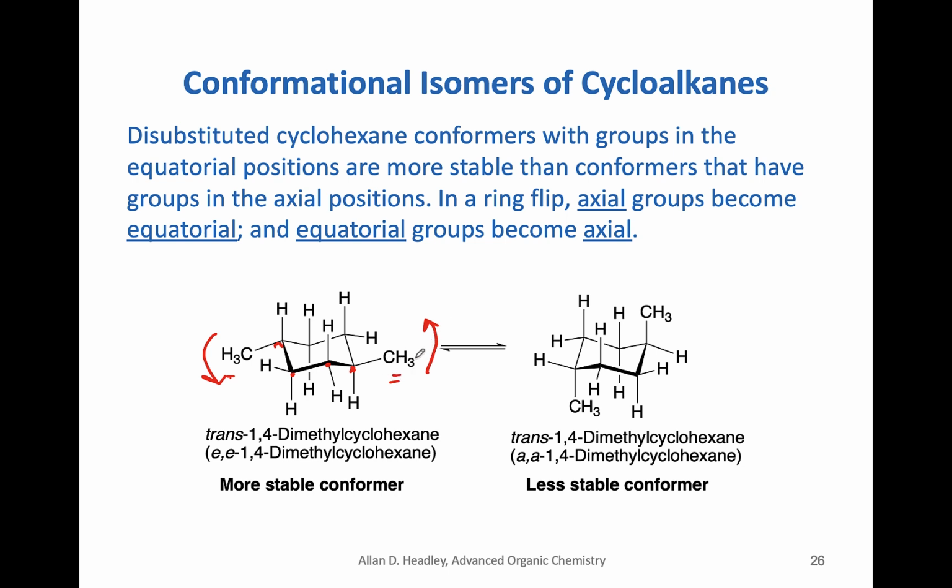If we do that, the equatorial is now converted to the axial, and this equatorial is now converted to the axial. As you can imagine, this is now far less stable because this methyl group is interacting with these hydrogens, and this methyl group here is interacting with these hydrogens, the 1,3 diaxial interaction as we saw on the previous slide.